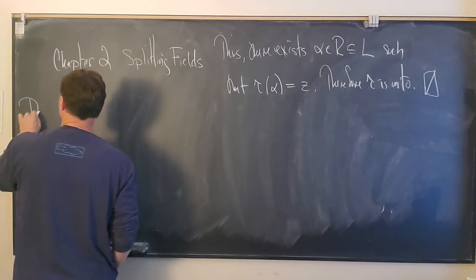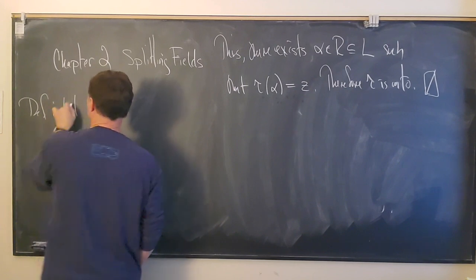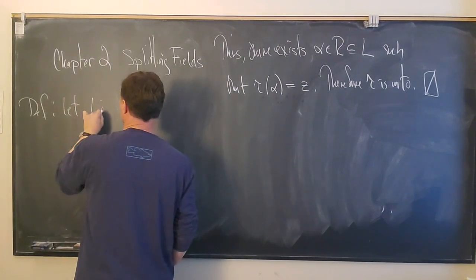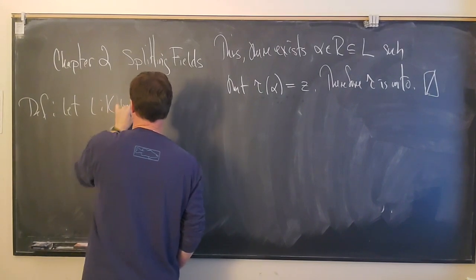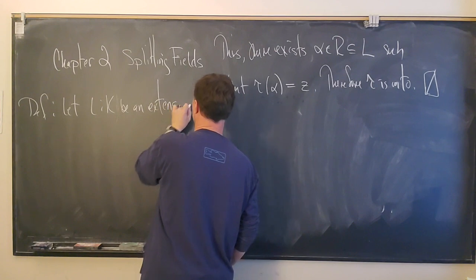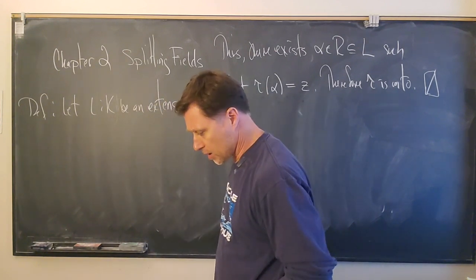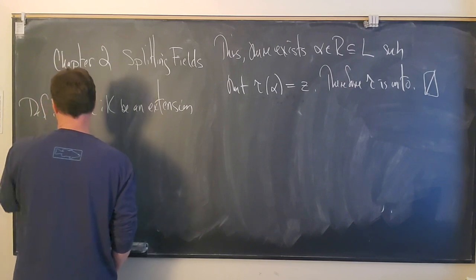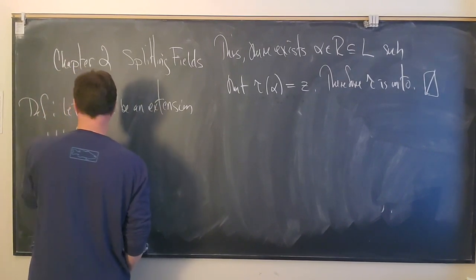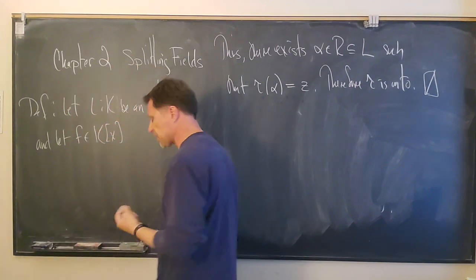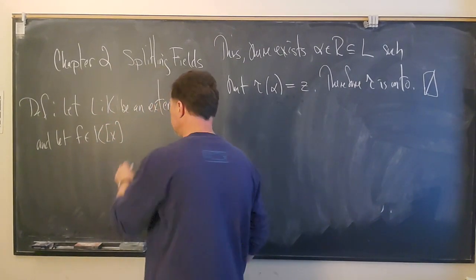And so we'll start off with a definition. Let's just start off with an extension. It doesn't have to be algebraic. So let L over K be an extension, and we need a polynomial, so let f in K bracket x, just some polynomial.